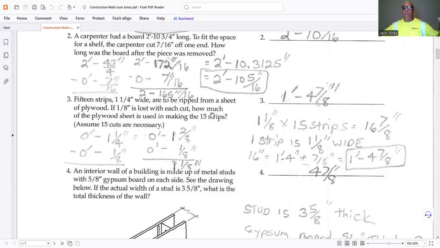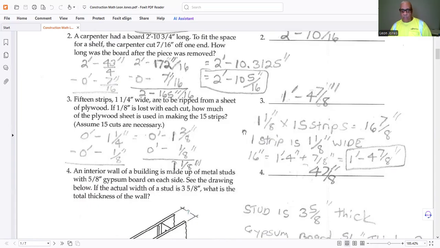But what I have in my width is in fourths. So to make everything simple, I took the 1/4 of an inch and changed it to 2/8. So I have 1 2/8 of an inch minus 1/8 of an inch, and I get 1 1/8 of an inch. Now, remember, I have 15 strips.